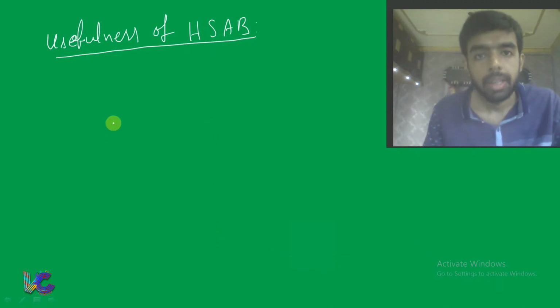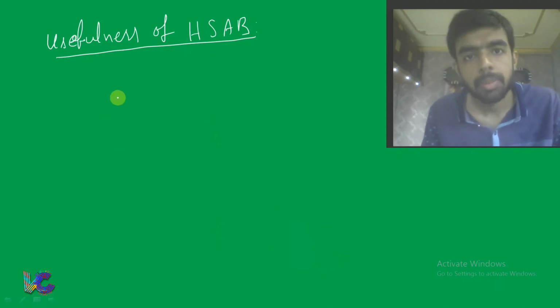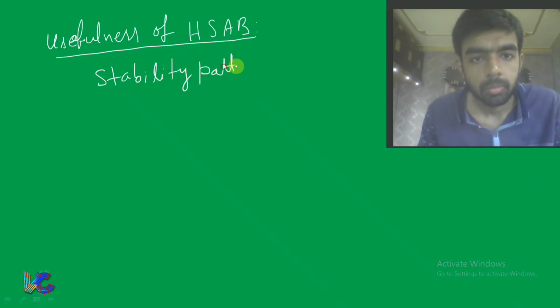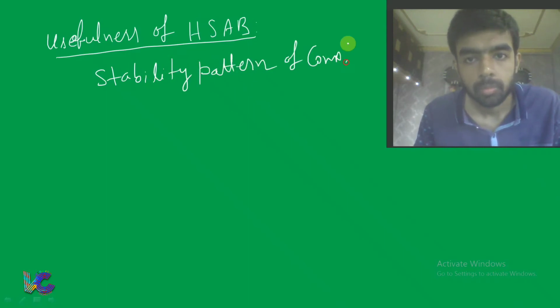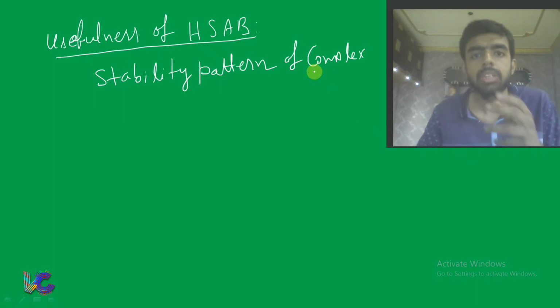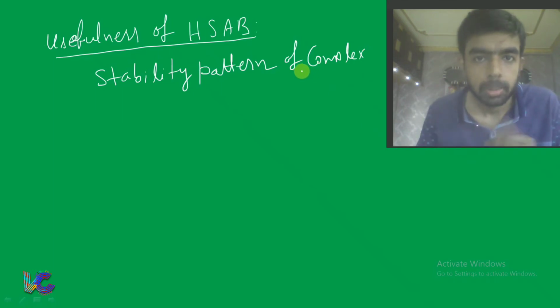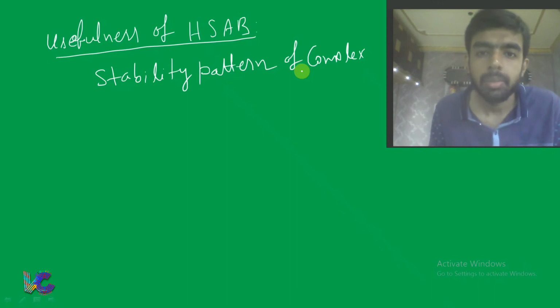So the main usefulness of the HSAB principle is that it can predict the stability of many complexes. It is mainly helpful in explaining or predicting the stability pattern of complexes.